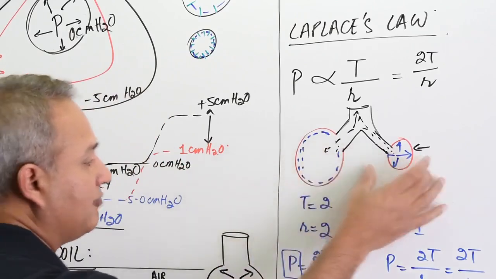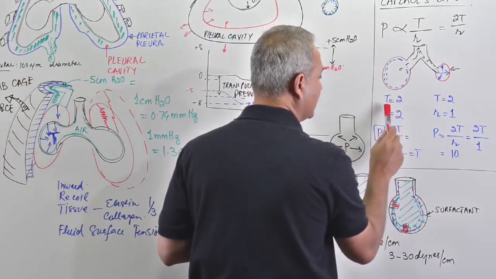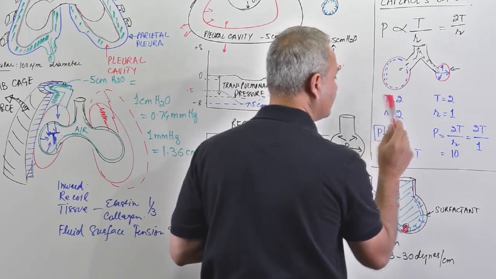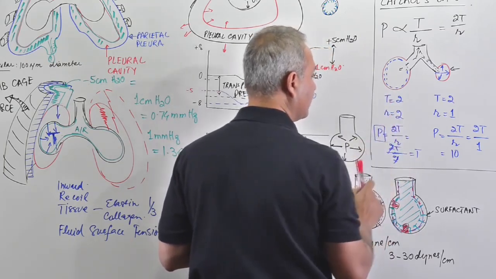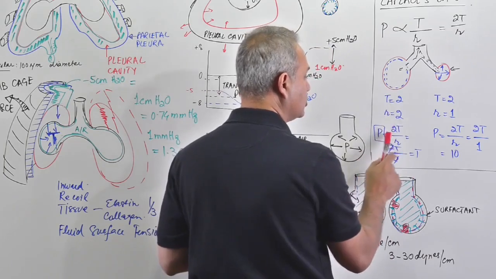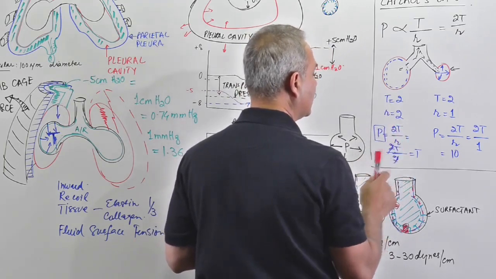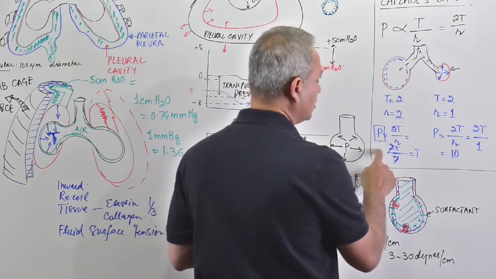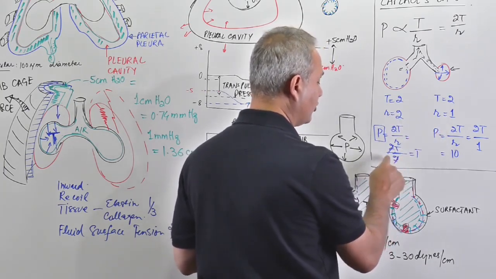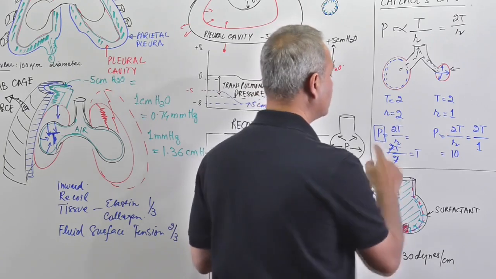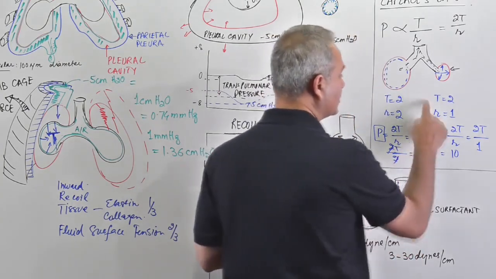So let's see two alveoli and see how the pressure goes in there. This alveolus has a T of 2 and a radius of 2, and pressure is 2T over R, so 2 multiplied by 2 divided by R, and let's say radius is 2, so 4 divided by 2 is 2. So the total pressure here is 2 centimeters of water. How about this side?